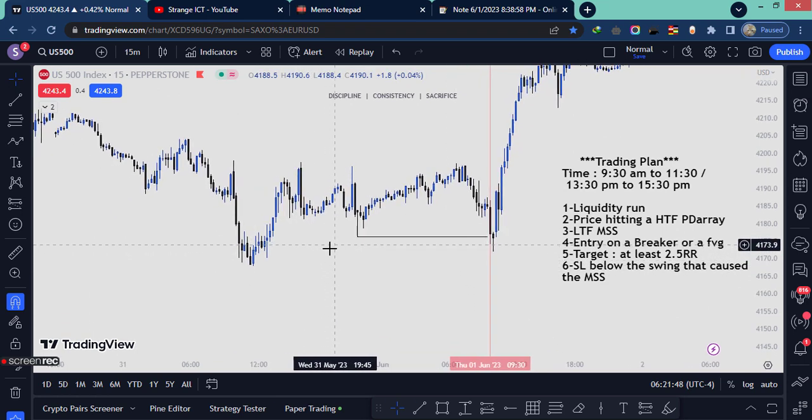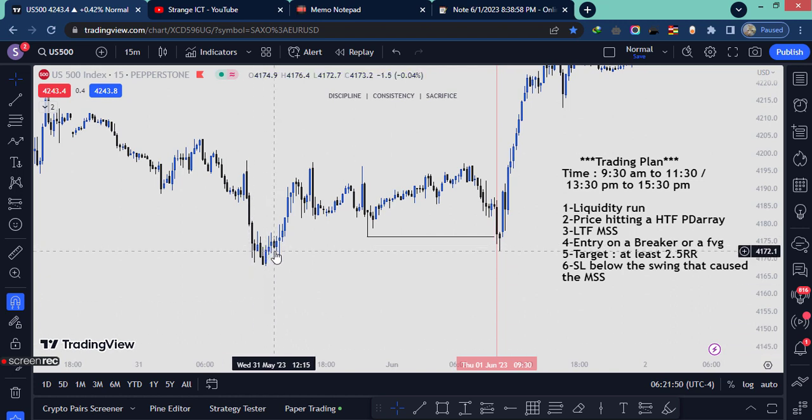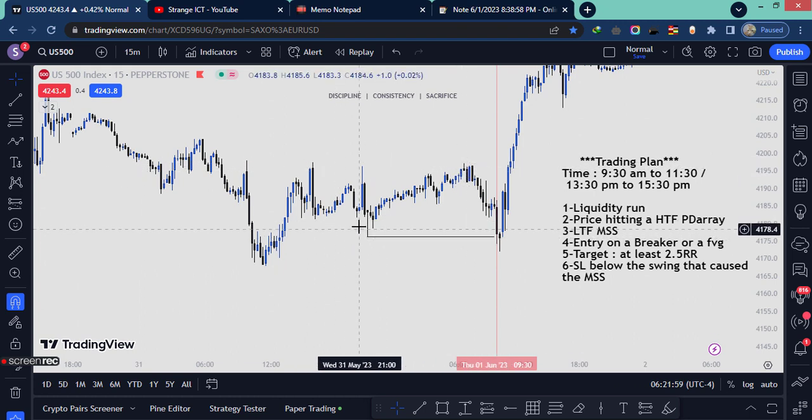Basically, retail traders will buy here, and when price arrives here, they will trail their stop loss here. So it's only logical that there will be stop losses here, so there is liquidity.